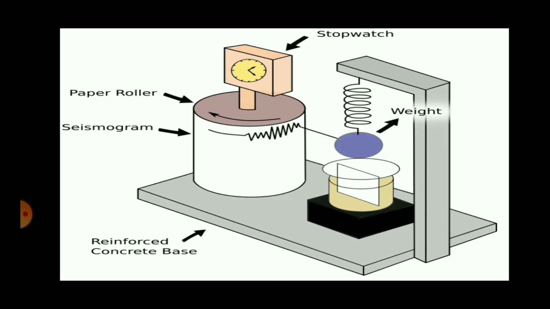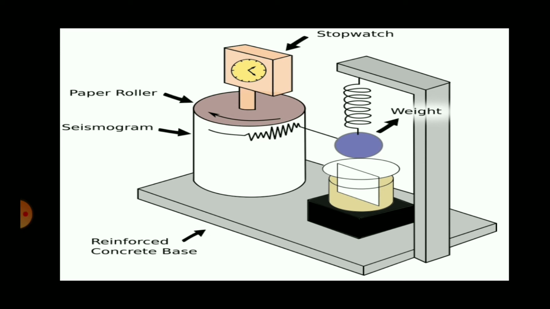It prepares a seismogram, and we can understand the magnitude of the earthquake. Anything less than 4 will be only shaking or tremors, with no major loss, but anything above 5 will be destructive.